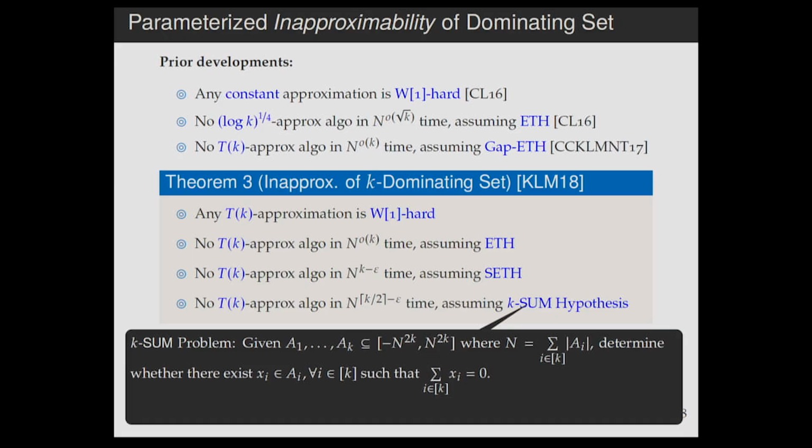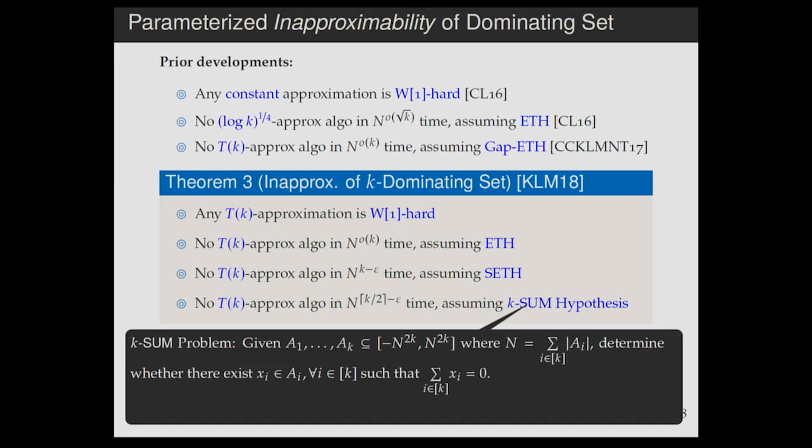We can assume without loss of generality that these numbers are integers between -n^(2k) and n^(2k). And the problem here is you want to determine whether you can select one number from each set such that the sum is 0.